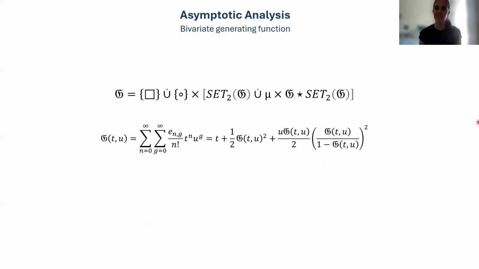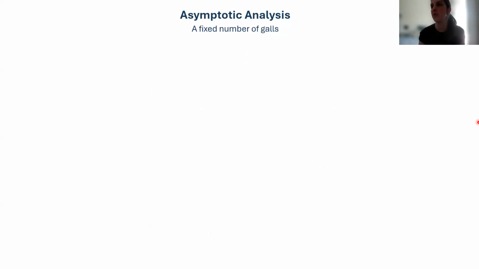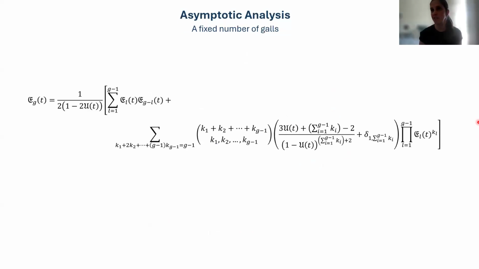Now, if we want the generating function with a specific fixed number of golds G, then we differentiate this function with respect to U, G times, substitute U with 0, and we get this expression for the generating function of leaf-labeled time-consistent gold trees with exactly G golds.